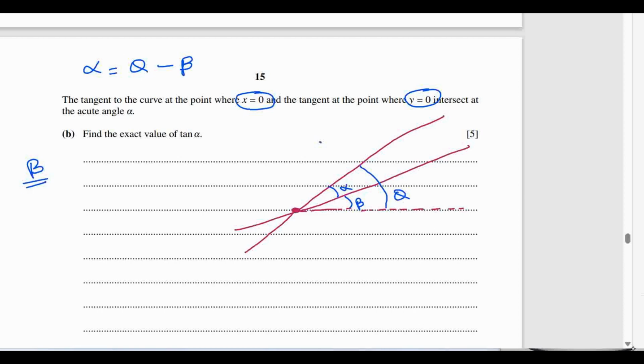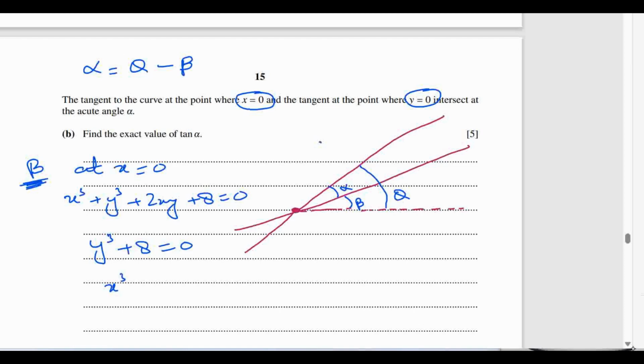So for beta, at x equals 0, let's find out the second value. So x cube plus y cube plus 2xy plus 8 equals 0. This is the main equation. So when x equals 0, y cube plus 8 will be equals to 0.